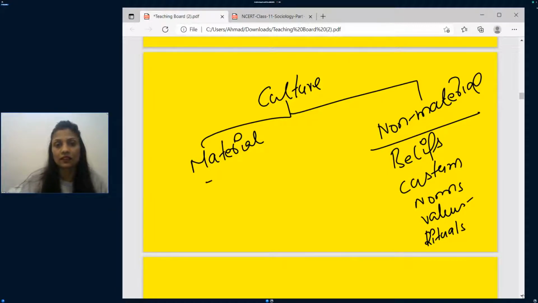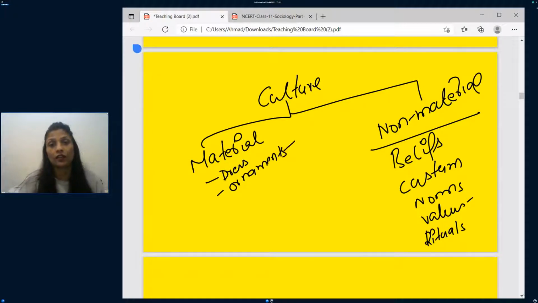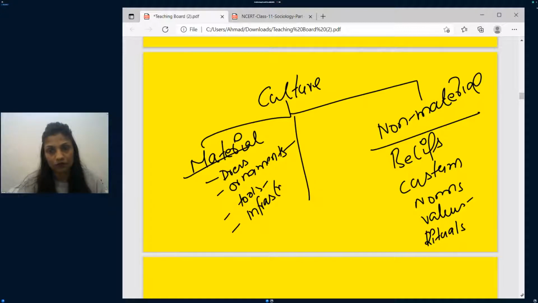What is material? The way I dress up, my ornaments, tools. All these are the material which we can see, the infrastructure. Is this clear?